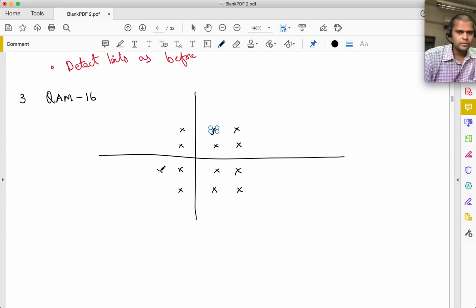I have 4 constellation points in each quadrant. So typically this has, maybe I should draw it a little bit better than this.